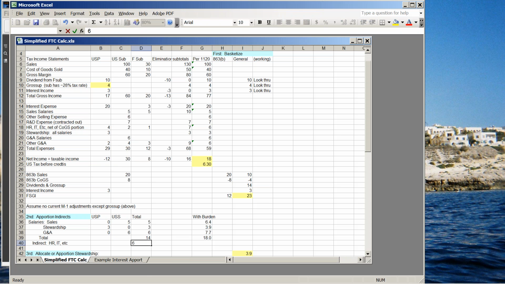So let's change our results here and see what we're apportioning. And again, I'll distribute this example to you. So first step, determine the baskets of income. Second, then we start allocating and apportioning expenses and start with indirect items.